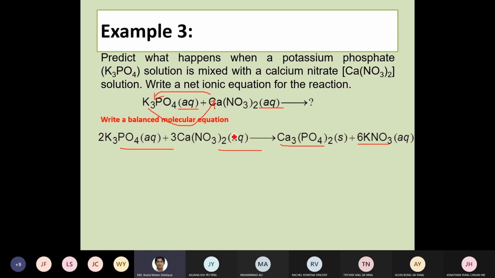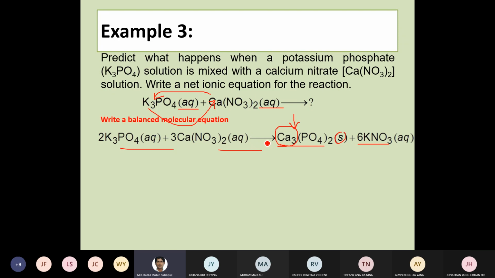Since it involves calcium, if we look at the table we showed before, you see that calcium phosphate is precipitating. It is solid. It does not dissolve in the aqueous medium.